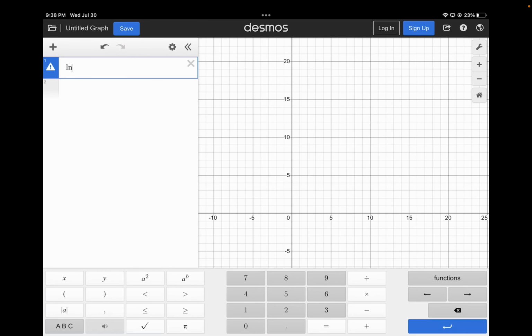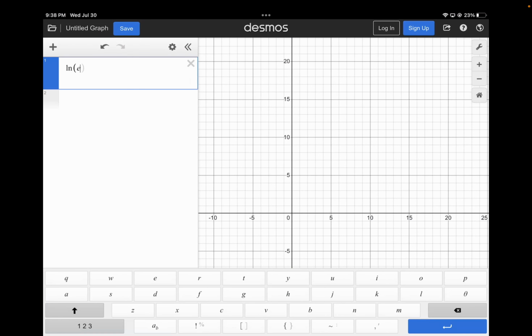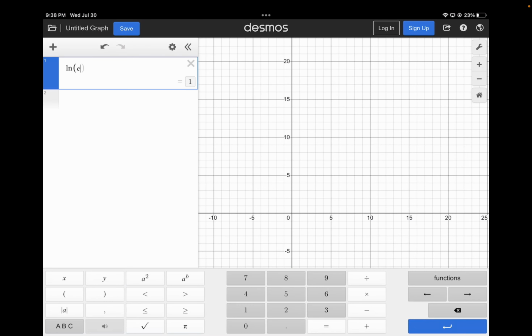ln of, do I have e here? No, I don't. Where's e? So ln of e is 1 because log base e is natural log.